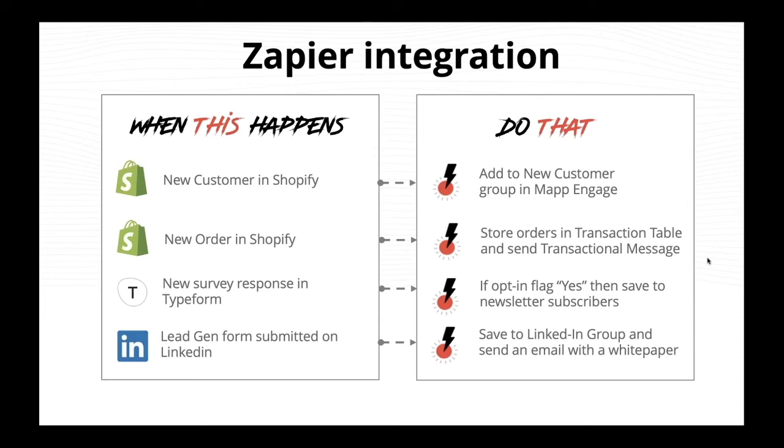Those submissions can be fed directly into the Mapp Engage group, and we can automatically send the follow-up email to those customers. In a B2B example, it could be a white paper. In a B2C example, it could be a coupon or whatever it is that you want it to be.